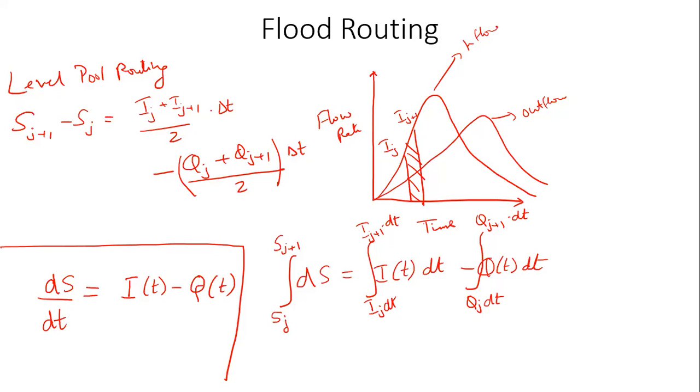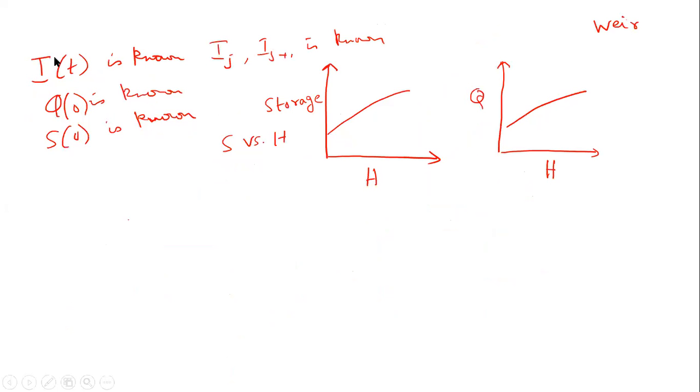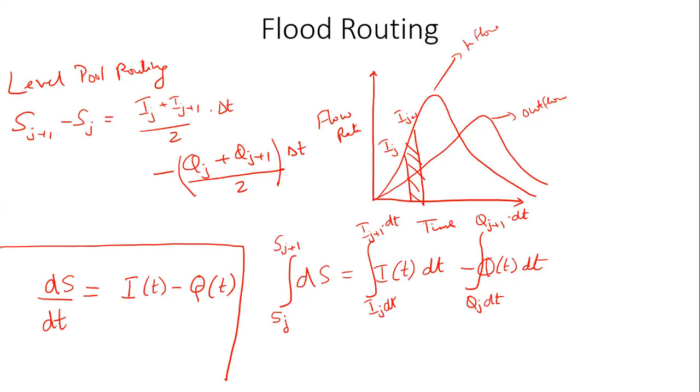Do you know the storage in the reservoir at time t equal to 0? Yes, you know it, right? You know the water level in the reservoir before the flood comes in. If you know the water level, then you know the storage, because like I said over here, this curve gives you H versus storage, or storage versus H, sorry. You know the water level, so you know the storage, right?